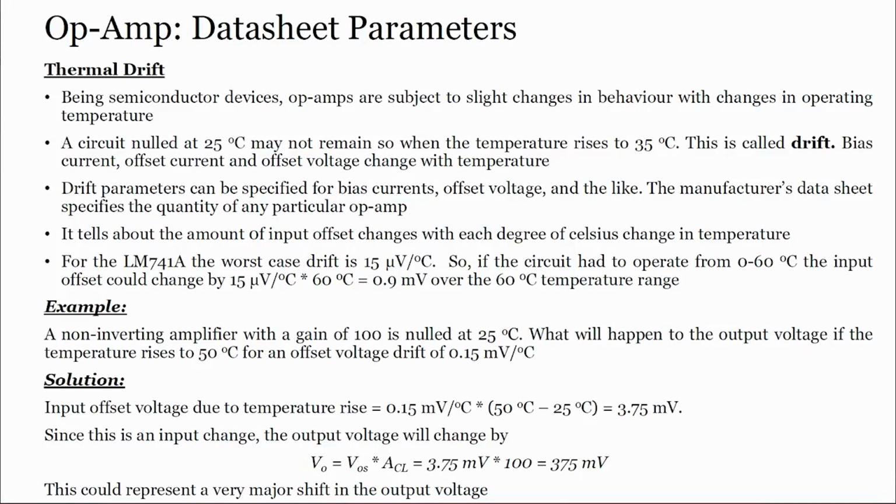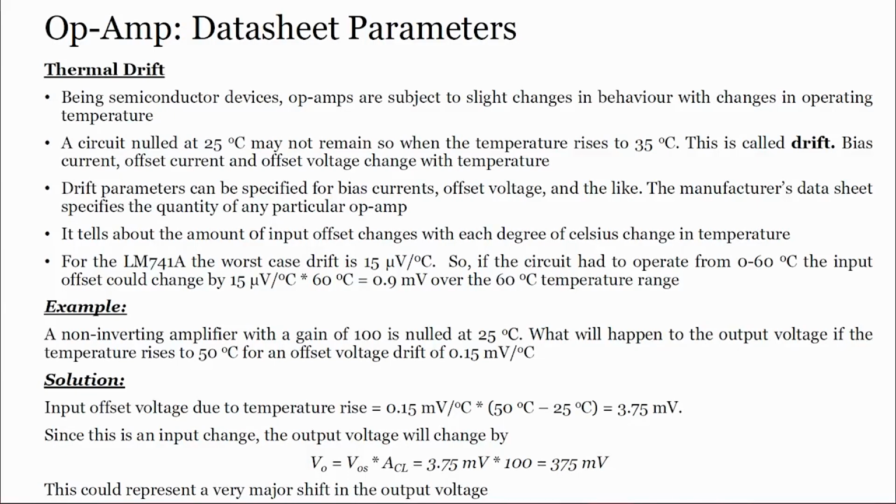If the circuit has to operate from 0 to 60 degrees, the input offset voltage could change by 15 microvolts per degree centigrade times 60 degrees, which is 0.9 millivolts over the 60 degree temperature change, which is a really huge change, 0.9 millivolts.